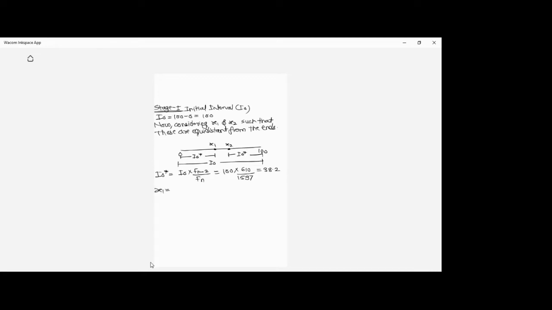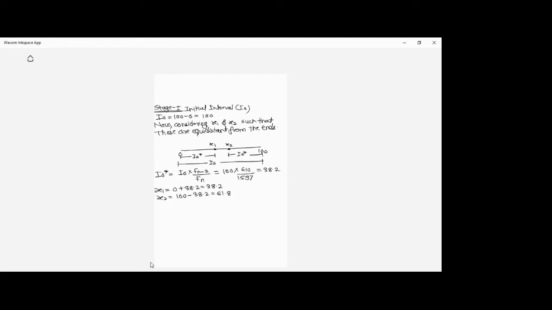Right? Now, how to decide x1? x1 is equal to 0 plus I0 star, and the value of I0 star is 38.2. So it is 38.2. What is the value of x2? x2 is equal to 100 minus 38.2, and the value is 61.8. I'm hoping that you have understood how we have found the values of x1 and x2.